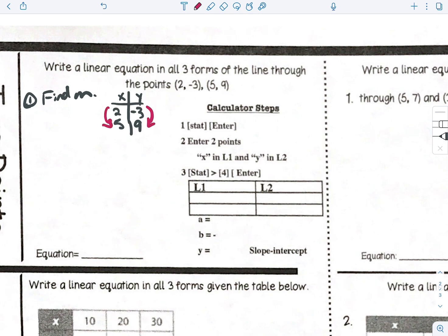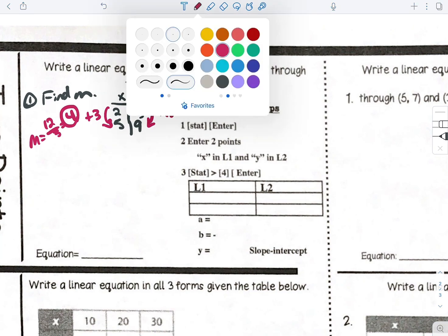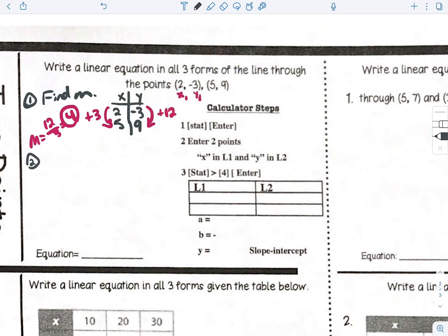So the change in y here is positive 12. Our change in x is positive 3. So the slope then is 12 over 3, which is 4. We can let this first point be our x1, y1. And now we have everything we need to plug it into point slope form.